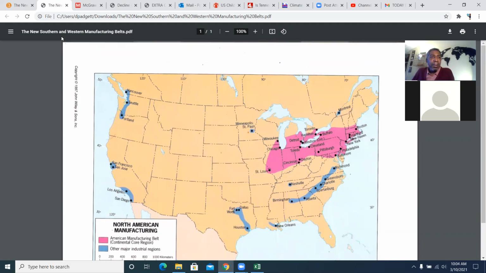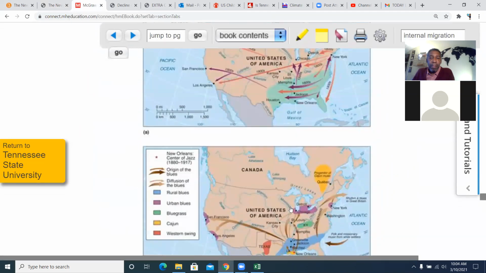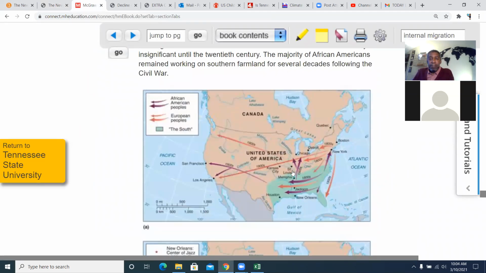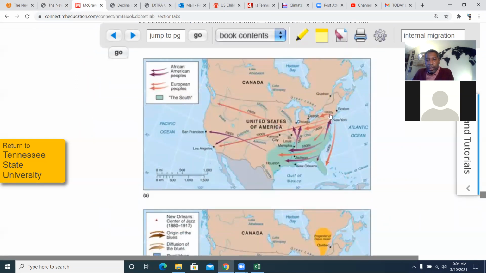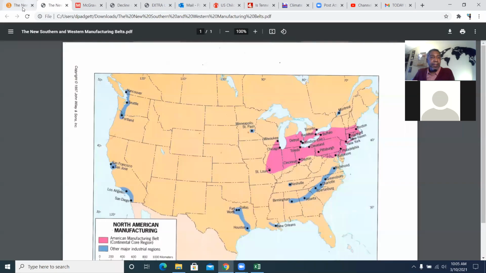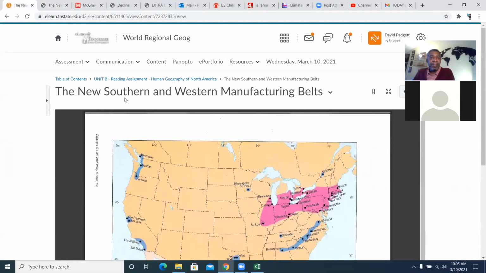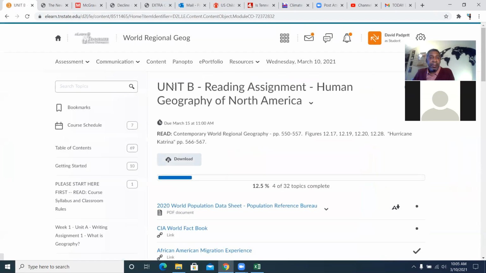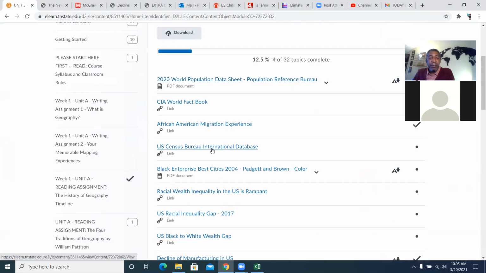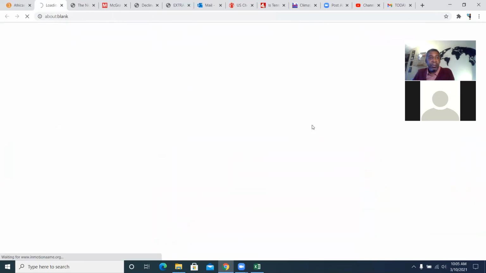Now, going back to the textbook, if you will, notice this diagram. We've been focusing upon the migration from the South to the North, but there was also a westward migration. And let me see if I can get this. I might have to be creative here if this link doesn't work. Come on now.